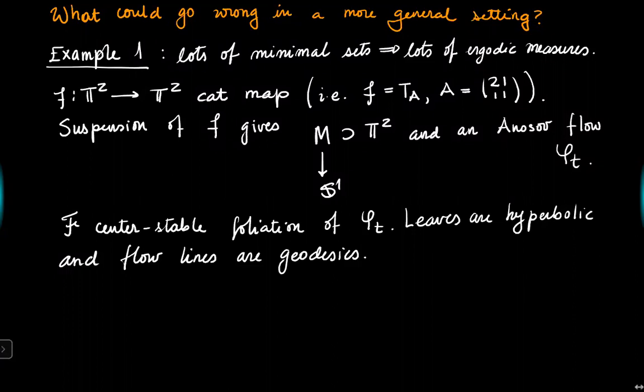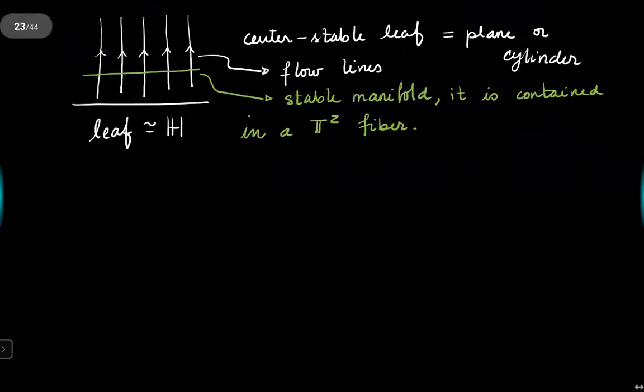There's a natural metric for which the leaves are hyperbolic surfaces, and the flow lines become geodesics. So this is what a leaf looks like. A center stable leaf will always be a plane or a cylinder.